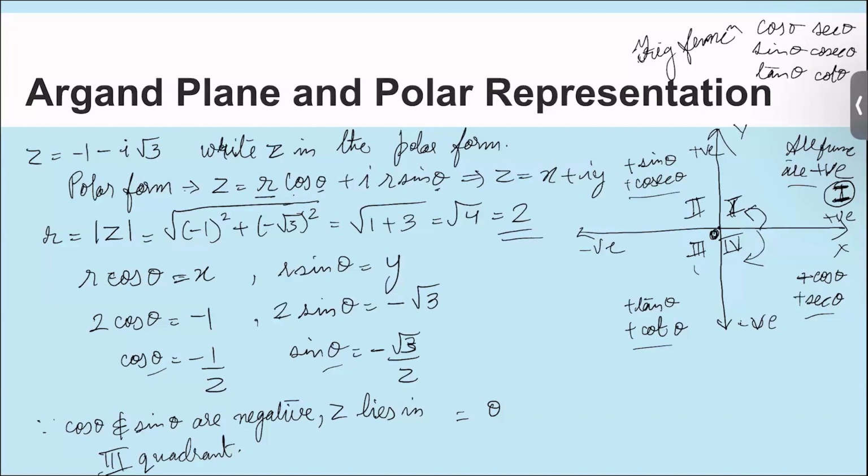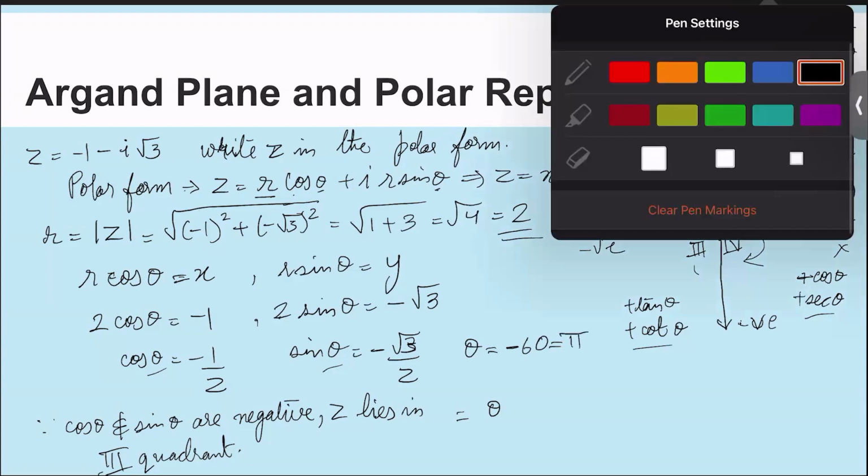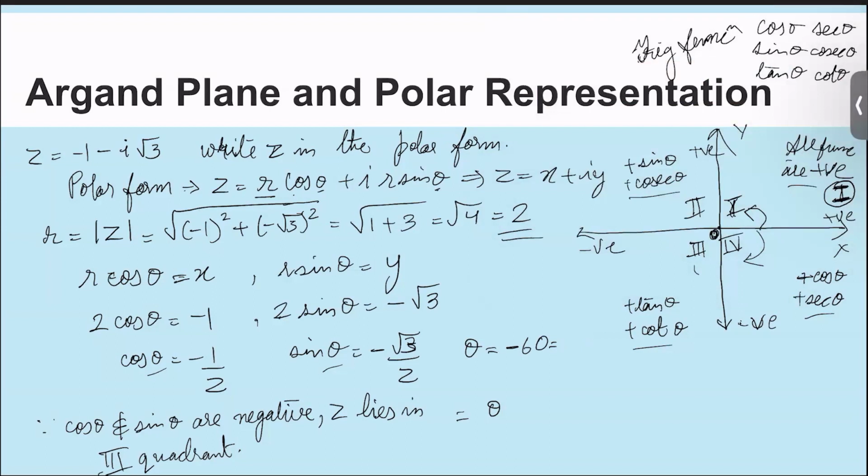We know that cos 60 is half and sin 60 is root 3 by 2. So from here theta is equal to minus 60. In radian form, this will be minus pi by 3.